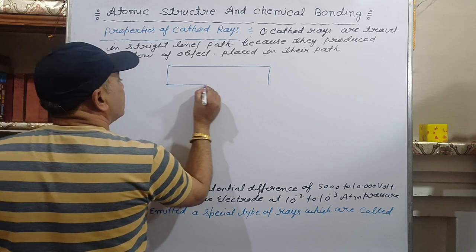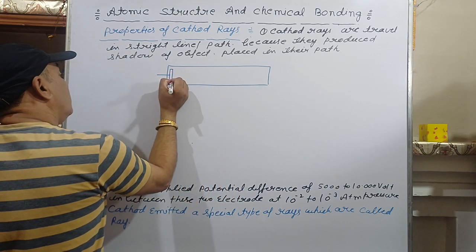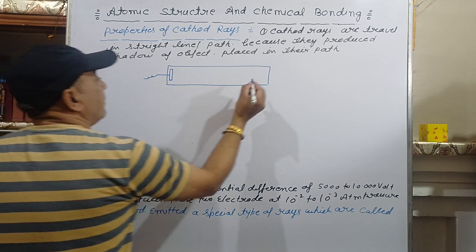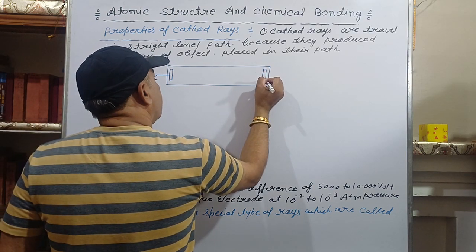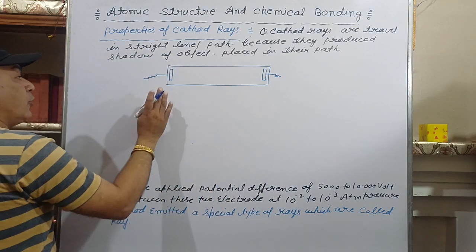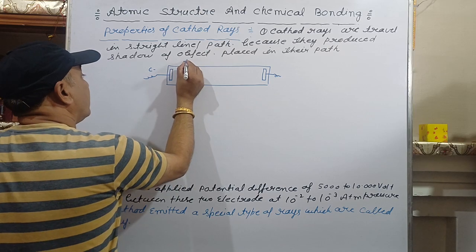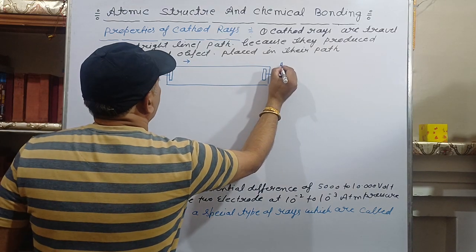For example, this is a discharge tube, this is the cathode, and this is the anode. Cathode rays travel from cathode to anode.